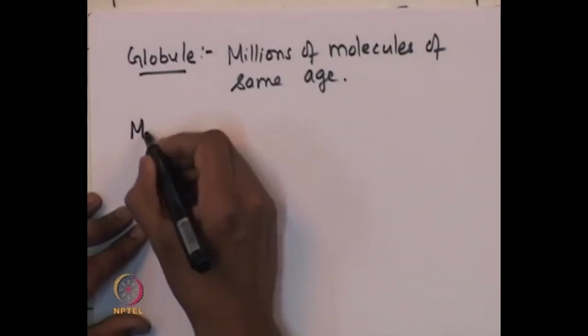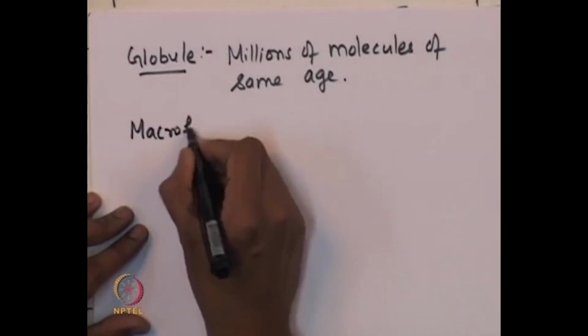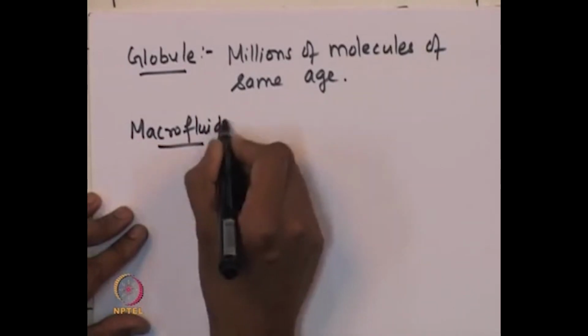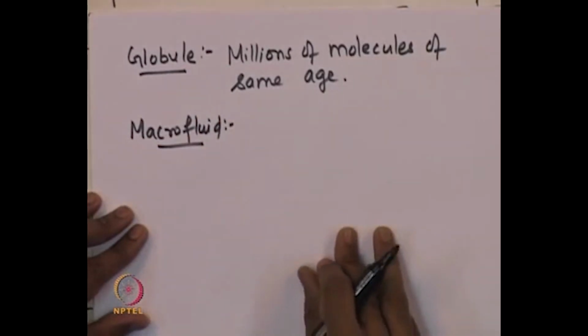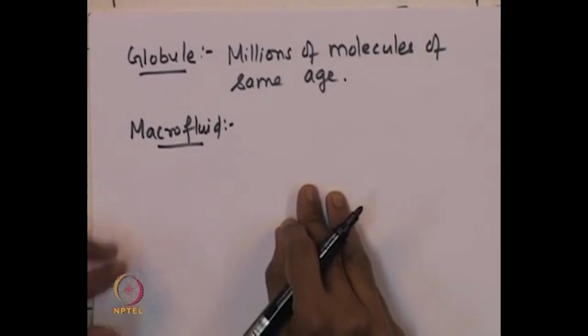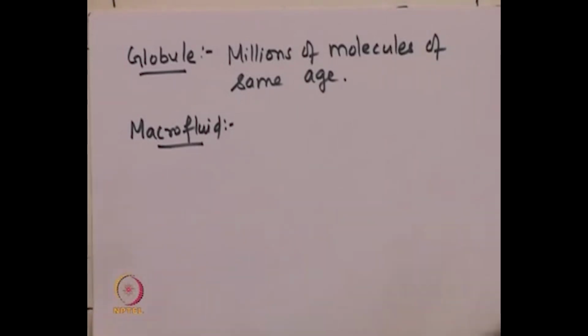And then a macrofluid. A macrofluid is one where the globules of a given age do not mix with other globules. In a reactor, suppose there is a fluid which consists of many different globules, and each of these globules contains millions of molecules, all of the same age.